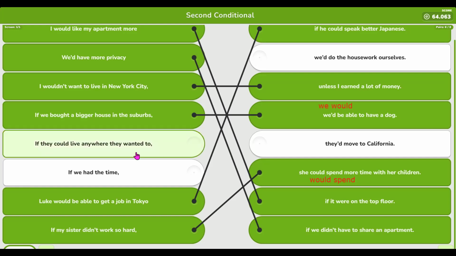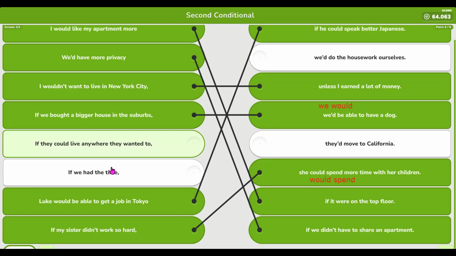If they could live anywhere they wanted to, they do the housework ourselves.